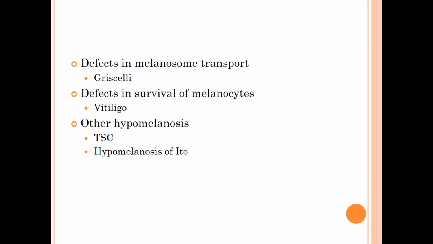And also the next condition is an acquired condition due to defects in survival of the melanocytes, vitiligo, and also other hypomelanotic disorders. One consists of tuberous sclerosis and hypomelanosis of Ito, which give rise to localized hypopigmentation.